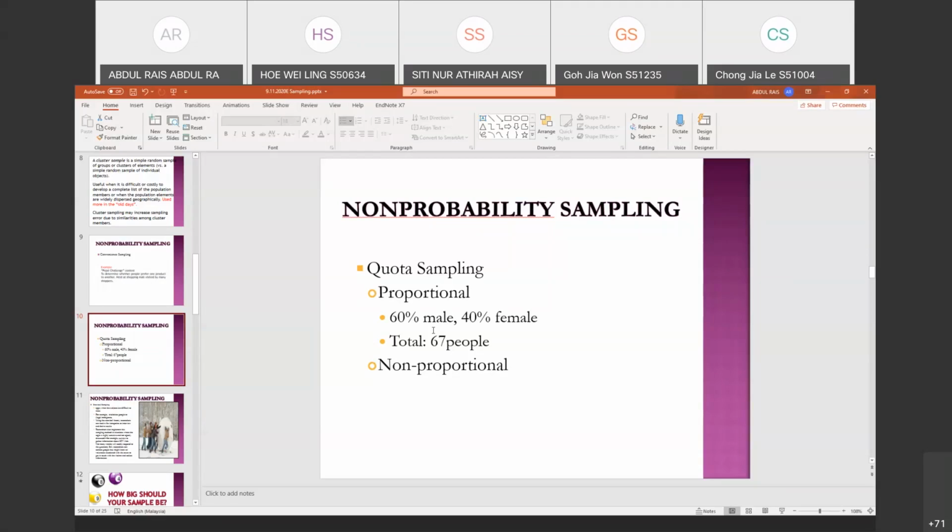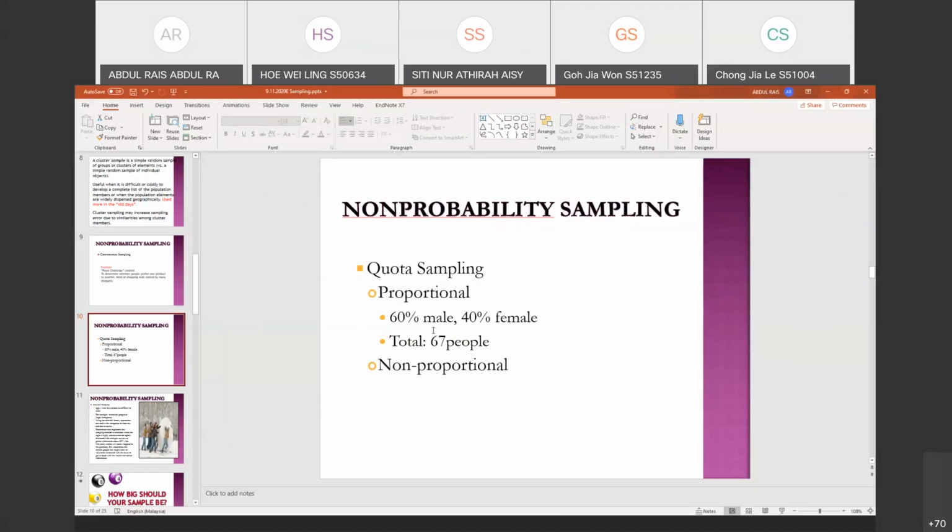Maybe kita kena setkan dah untuk survey ni, kita mau 60% male, 40% female daripada satu seorang. So kita dah set 60 yang kita pilih daripada jemaah ni mesti daripada lelaki dan 40 orang mesti daripada perempuan, daripada jemaah wanita.